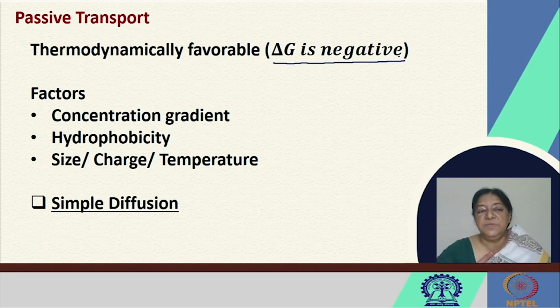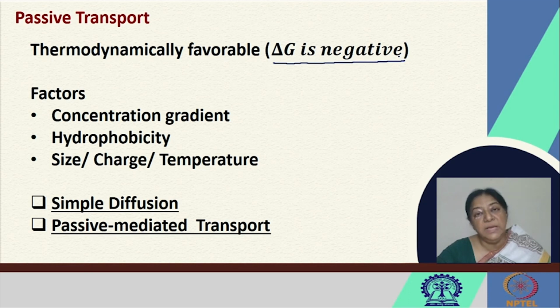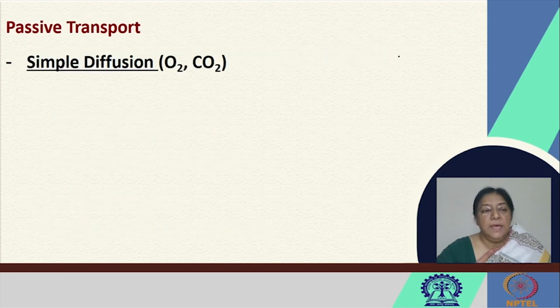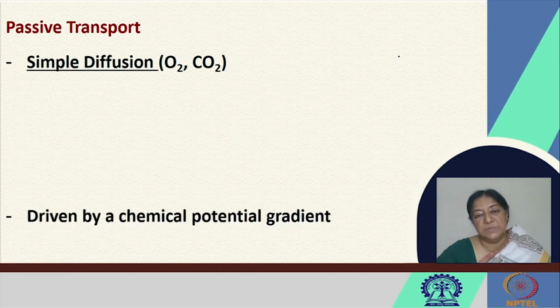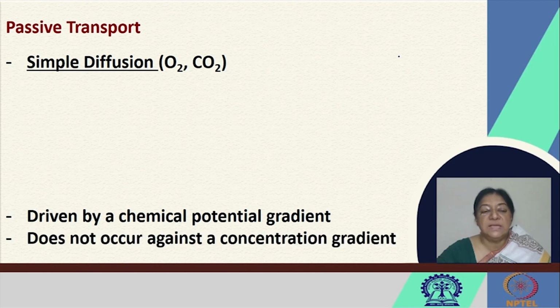There could be simple diffusion across the membrane, or there could be passive mediated transport where there will be proteins that would assist the transport of the material from one side of the cell to the other through the plasma membrane. In the case of simple diffusion, where we are looking at just oxygen and carbon dioxide transport through the plasma membrane, this is driven by a chemical potential gradient, and it does not occur against any concentration gradient.